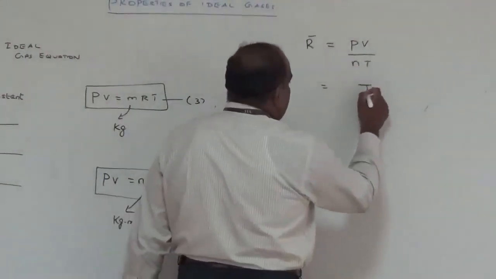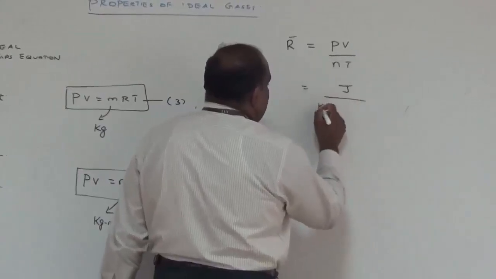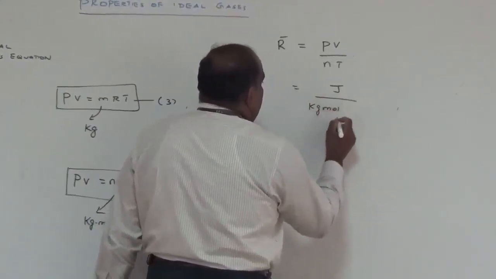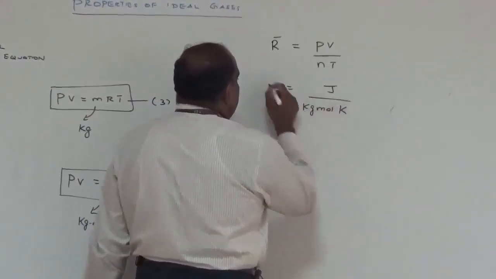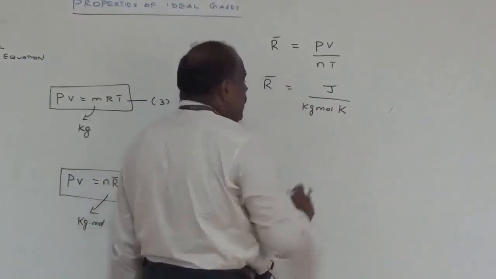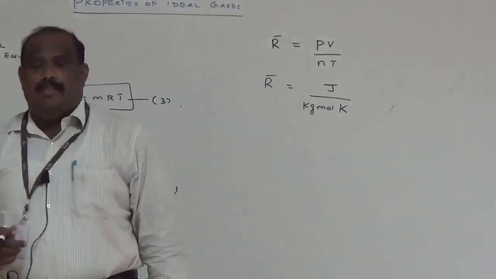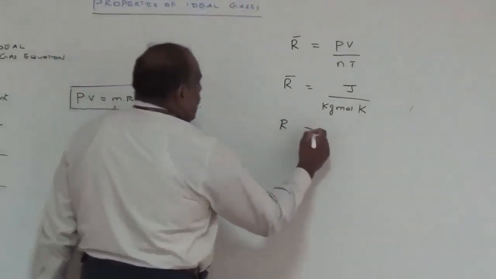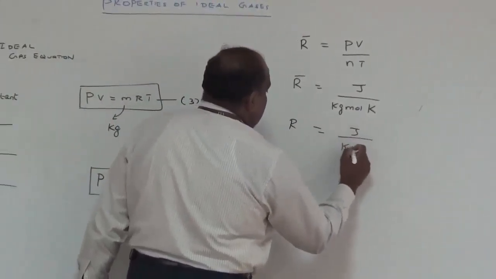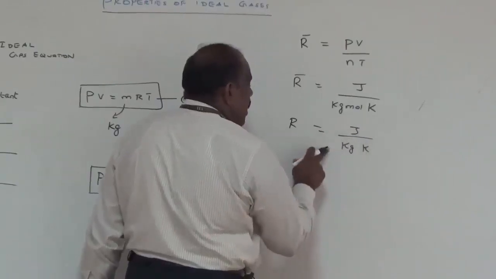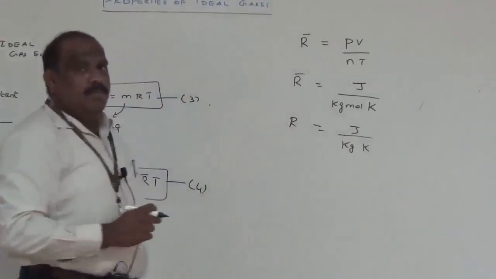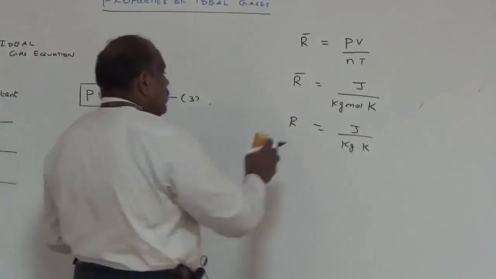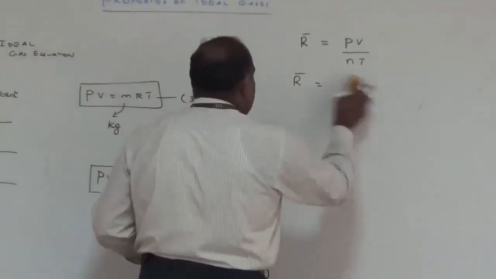The unit of N is kilogram mole, and the temperature is Kelvin. So the unit of R bar is joule per kilogram mole Kelvin, whereas the unit of R is joule per kilogram Kelvin. So R is based on mass basis, and R bar is based on molar basis. Okay. So this is the unit of R bar.